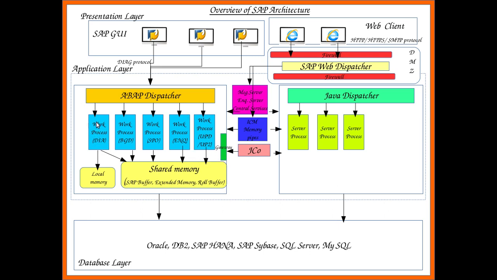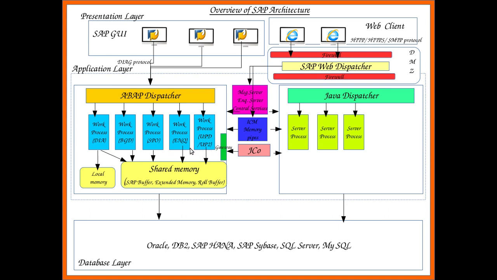Here work processes can be of different types. It can be a dialog work process, a background work process, a spool work process, enqueue, or update also. There are two types of update work process: one is V1 and the other is V2. UPD and UP2 work processes are there.